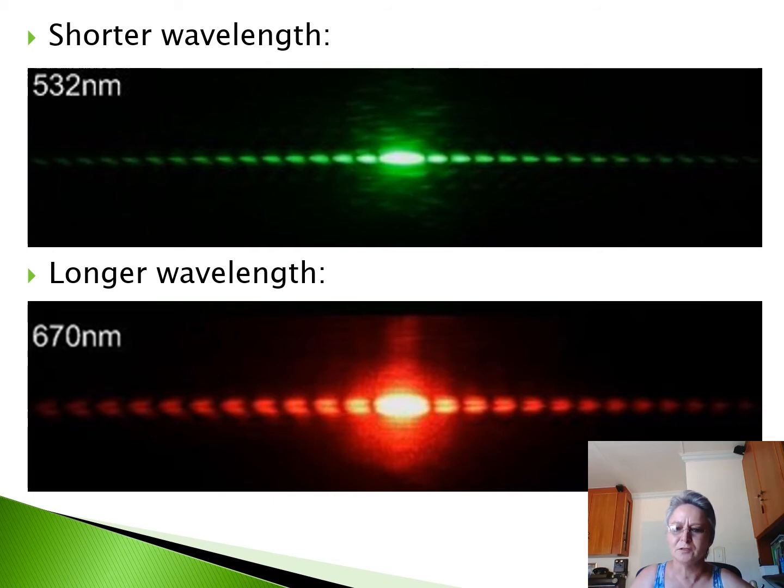Now maybe the quality of these photos isn't that good, so you might not be able to see it clearly. I'm going to highlight it a little bit. There we have the central green band of light. It's much brighter than the other light bands, and you can see that the brightness decreases as we move towards the left and the right of the central band.